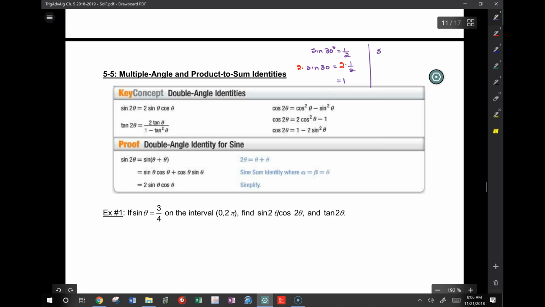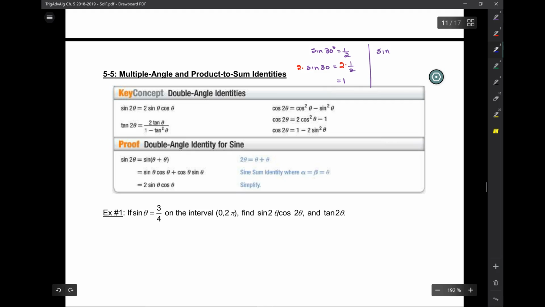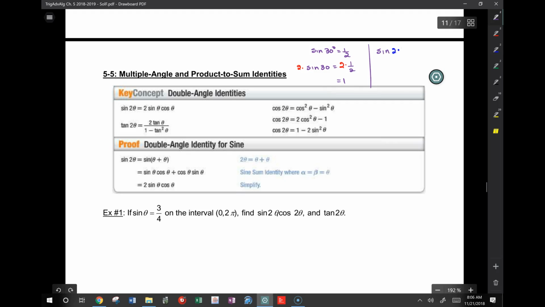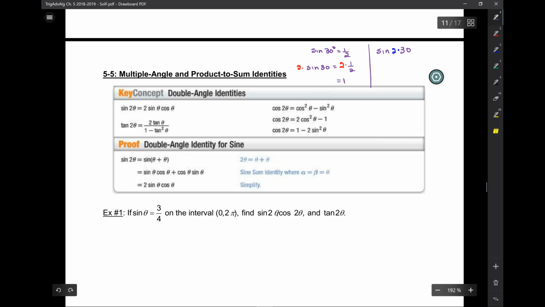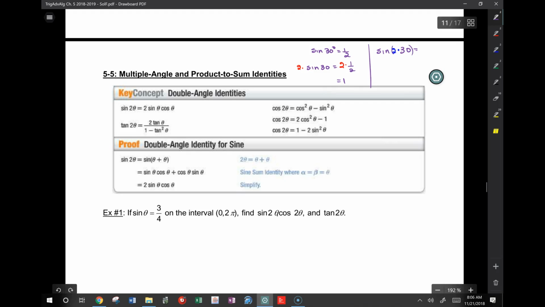Versus, what if I did sine of 2 times 30 degrees? That's not the same, because this will give me sine of 60 degrees. And how much is that? Root 3 over 2.